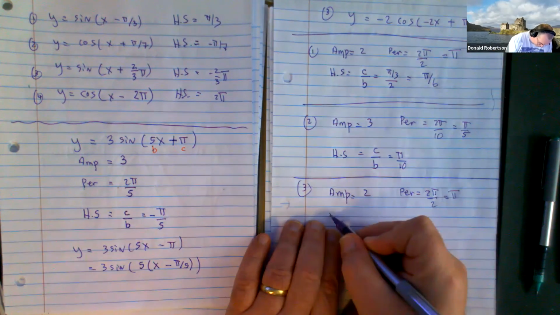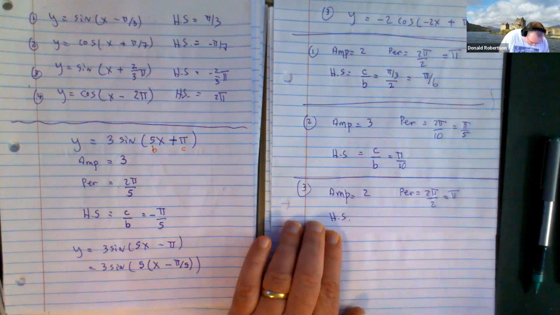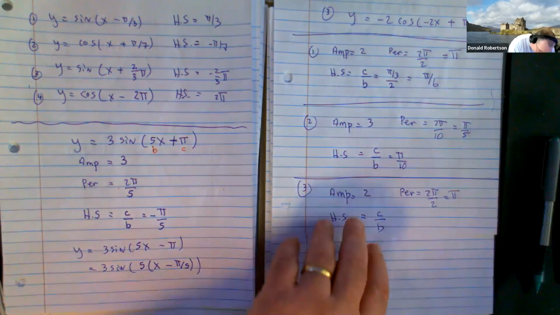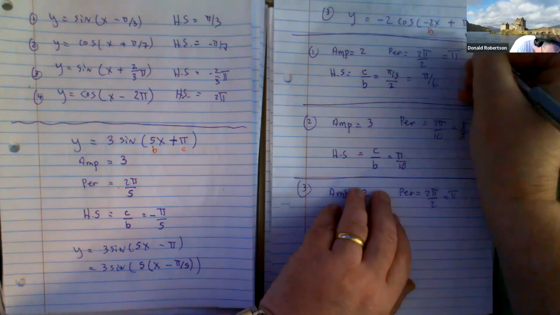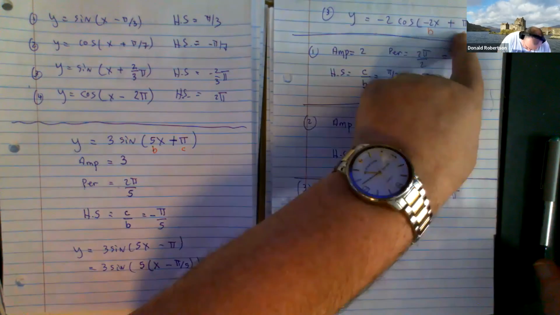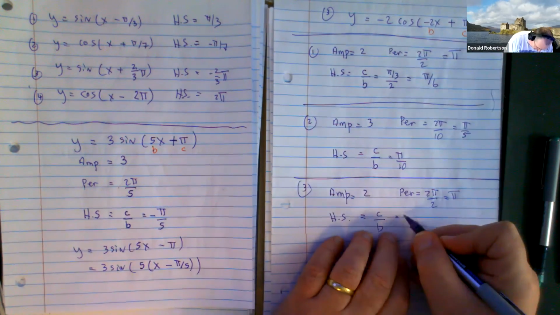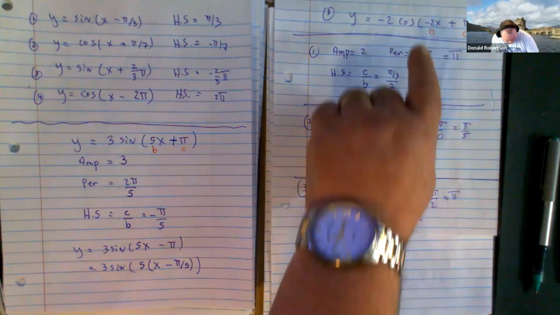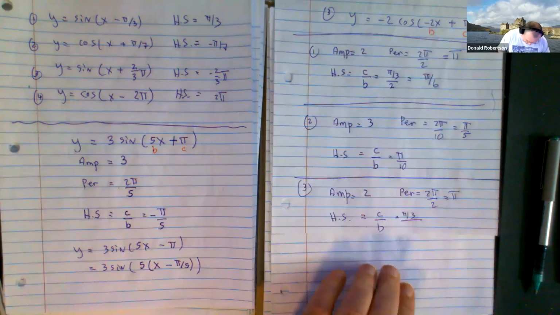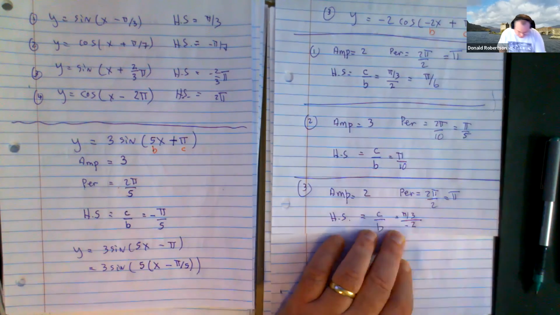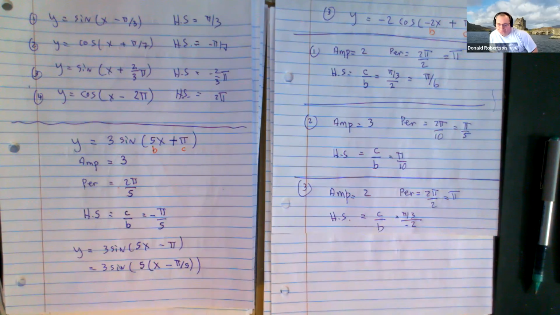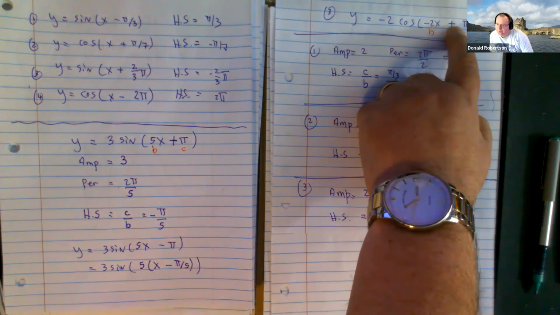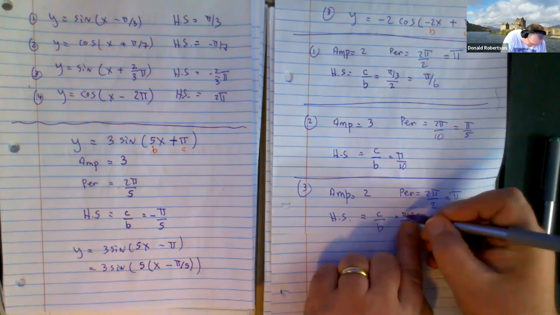Now, the horizontal shift. This is the bit where you have to trust the math. The formula says that you take C, which is pi upon 3, and you divide it by B. But here's the problem: isn't that a positive? So shouldn't this be negative?